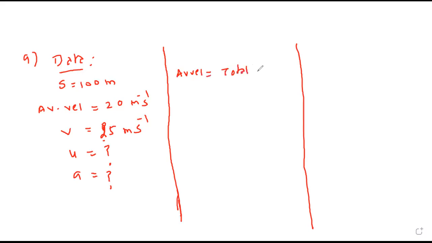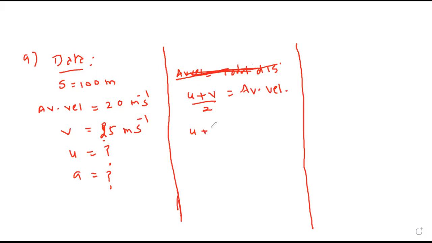Total displacement upon total time. Or else final plus initial velocity upon 2. If it's constant acceleration, then U plus V upon 2 is called average velocity, rightly said.